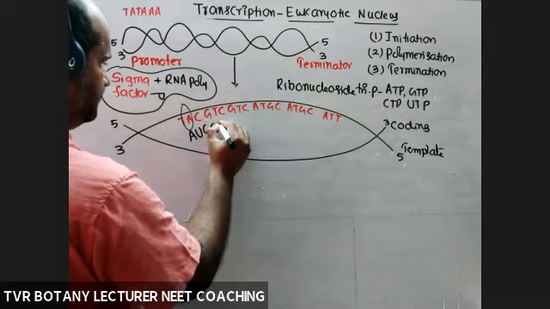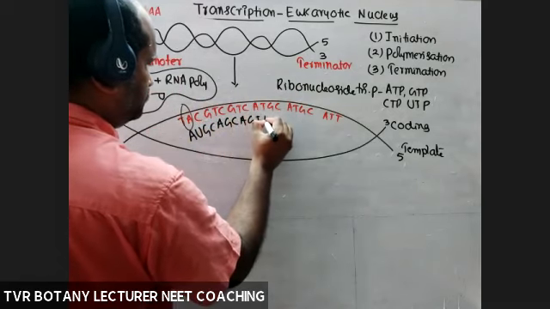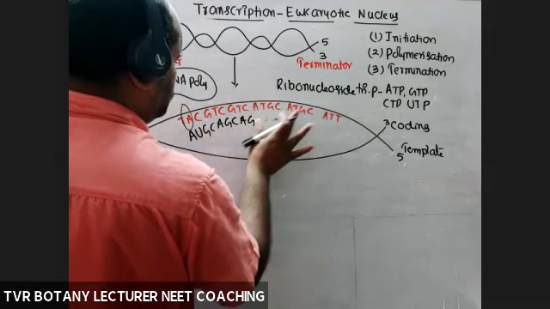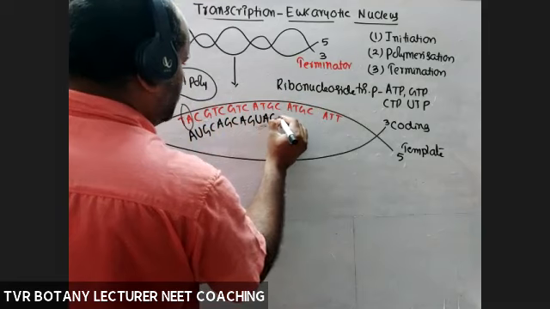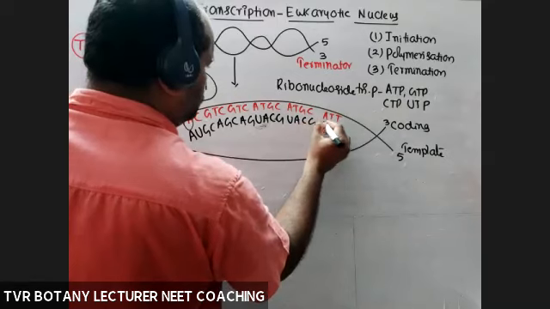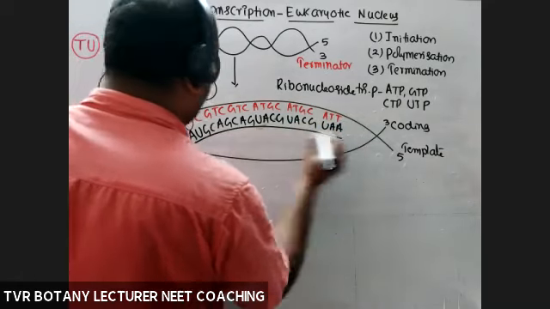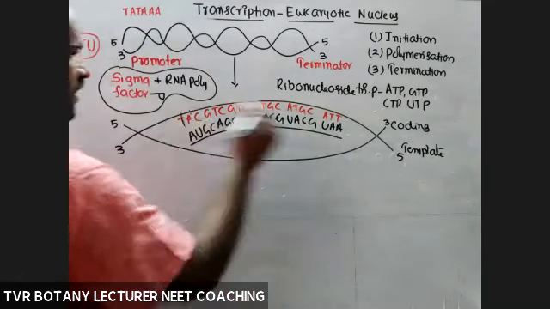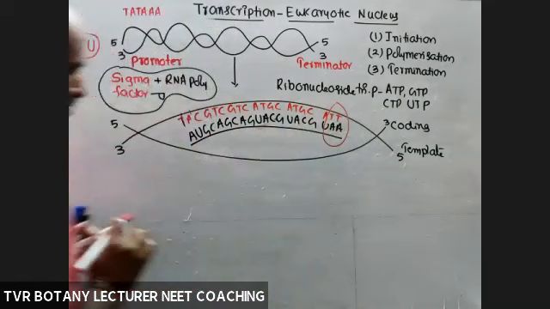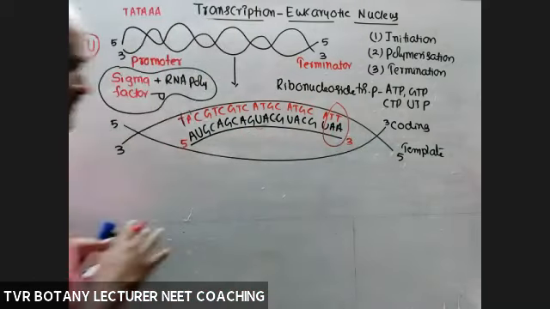G, C, A, G, C. U, A. Now RNA polymerase is here. This is a nonsense codon. So this is a 5' and 3' end.